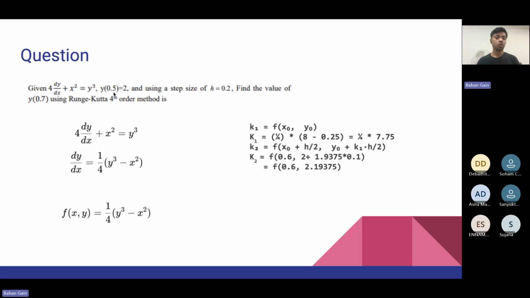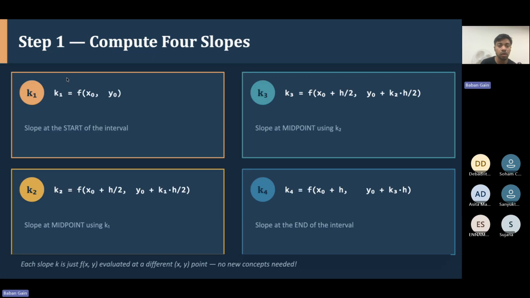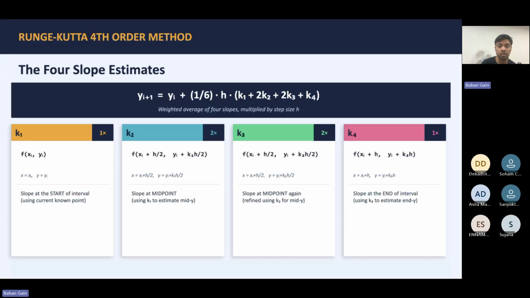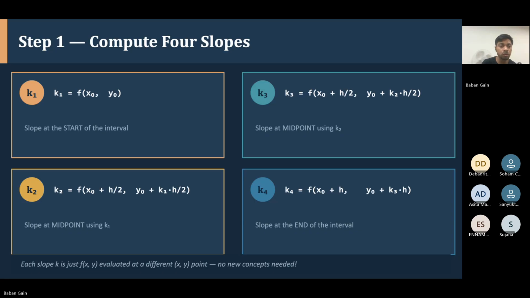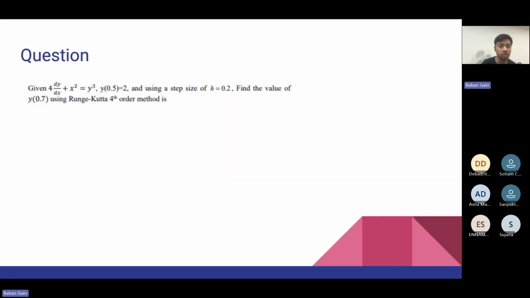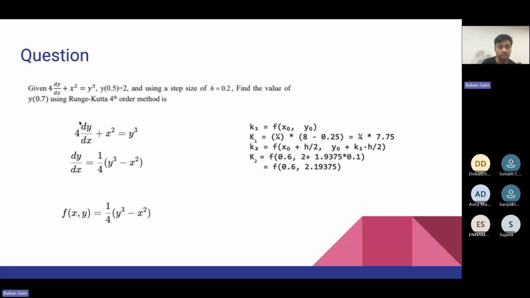At first you have to rewrite the equation. For the RK method, you have to rewrite the equation so that on the left hand side only dy/dx is there and everything else is on the right hand side.